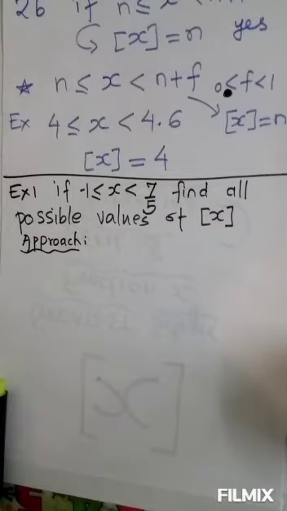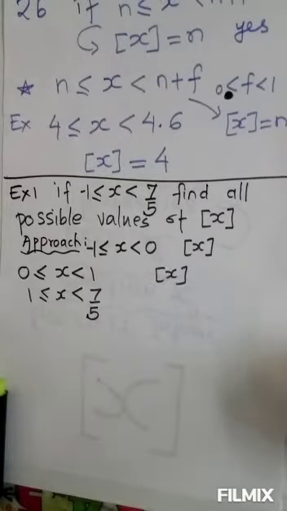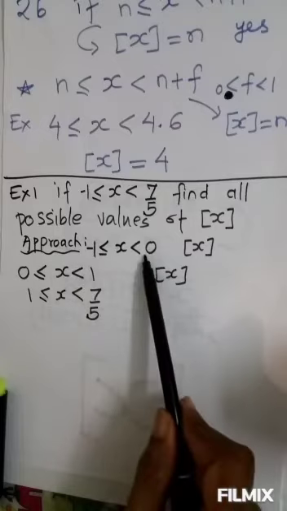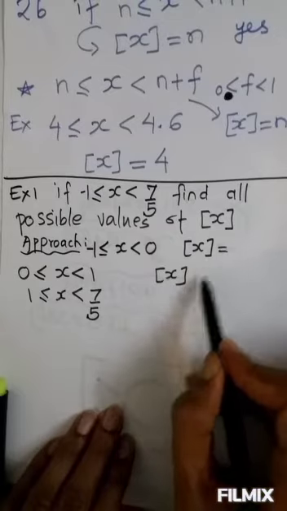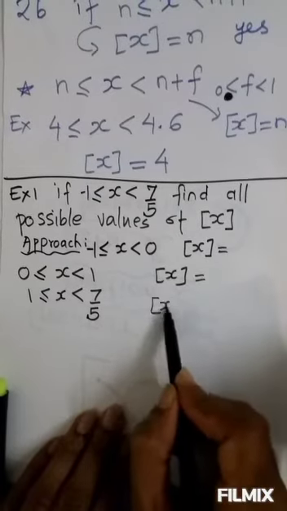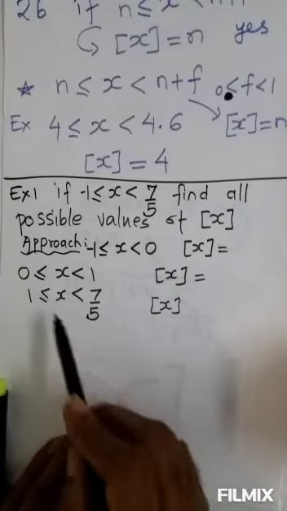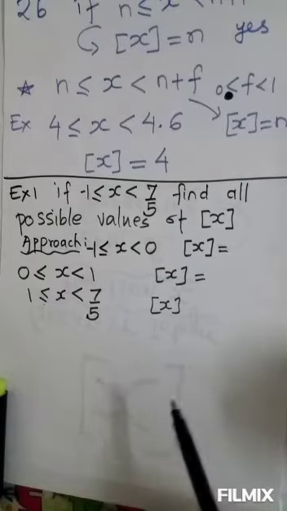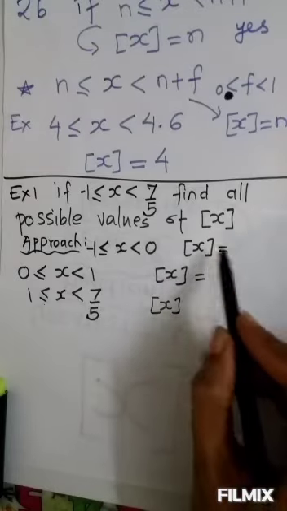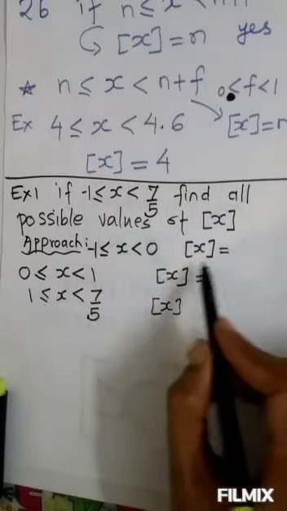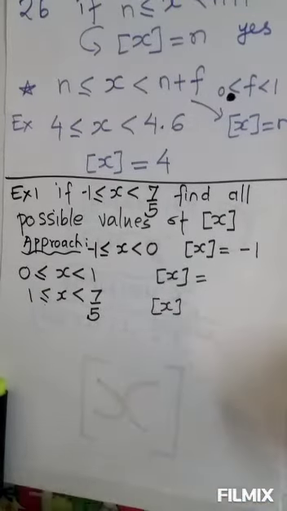So what I meant is this: from -1 to 0, integer to the next integer, what is the greatest integral value? Then again from 0 to 1, and 1 to 7/5, what is the greatest integral value? The greatest integral value from -1 to 0 is -1.